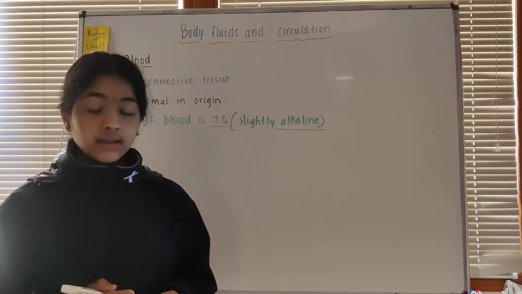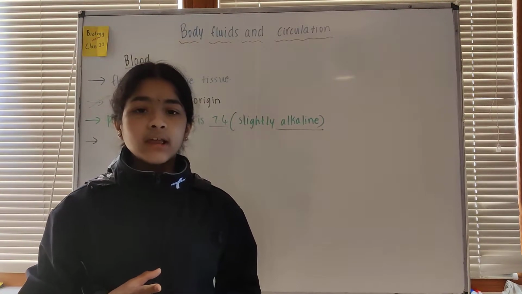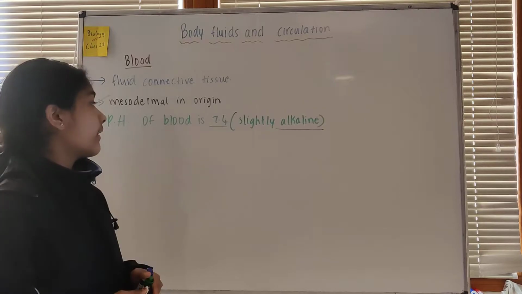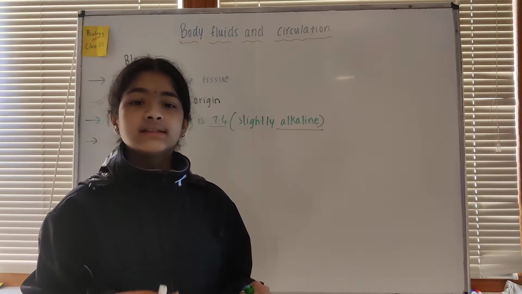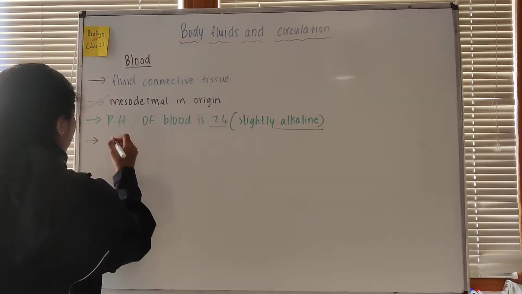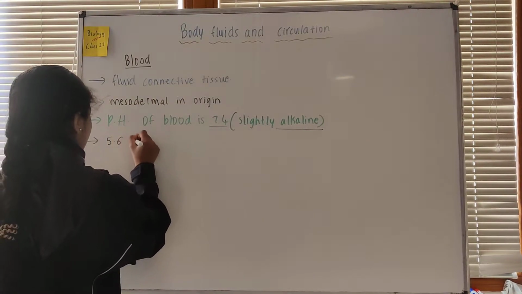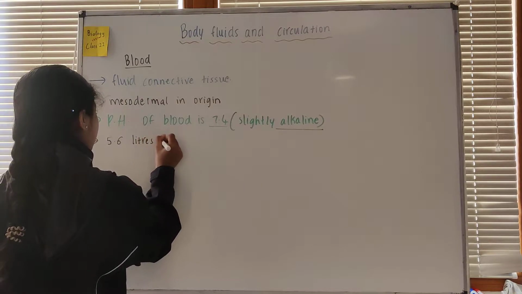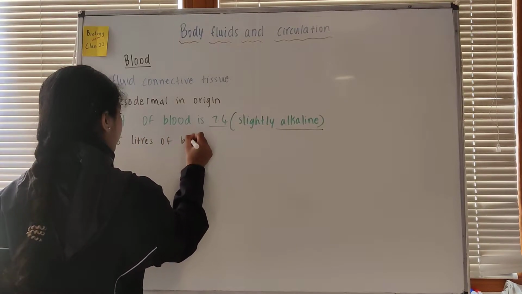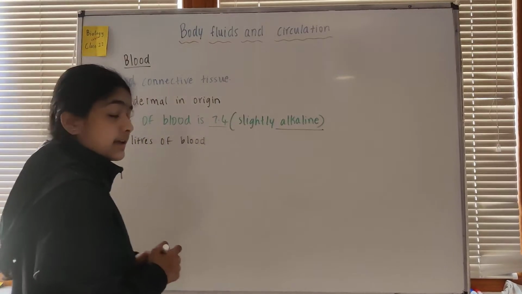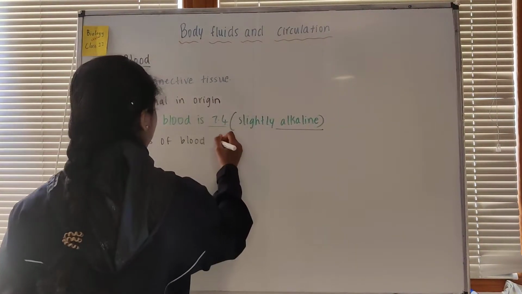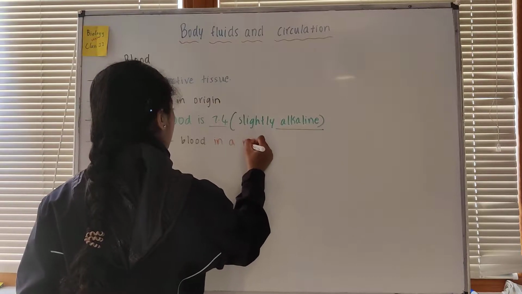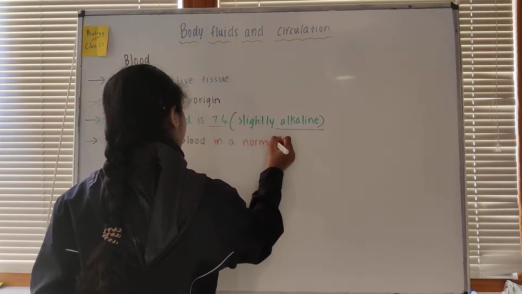The next thing: the amount of blood that a normal healthy adult has is 5.6 liters.